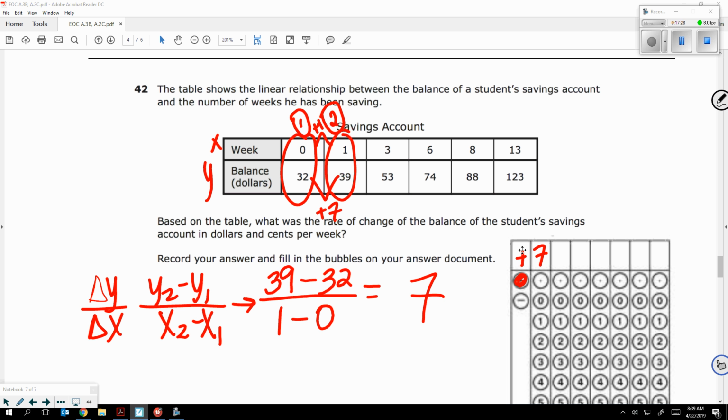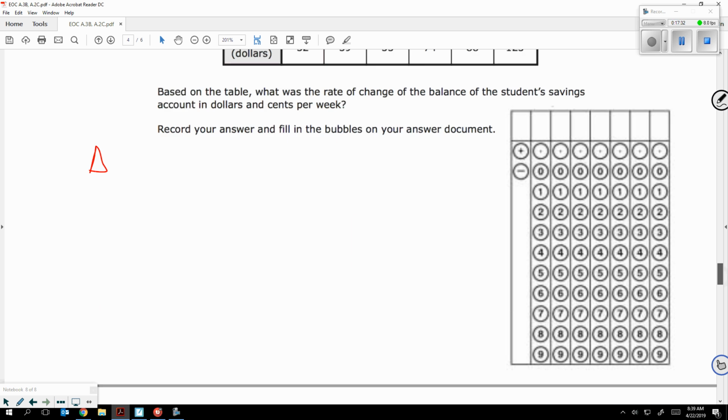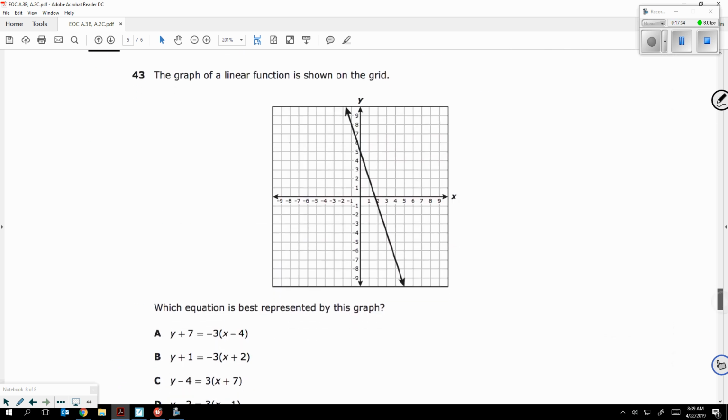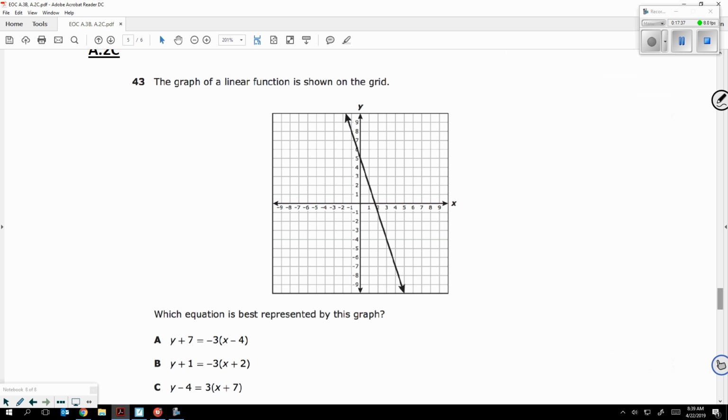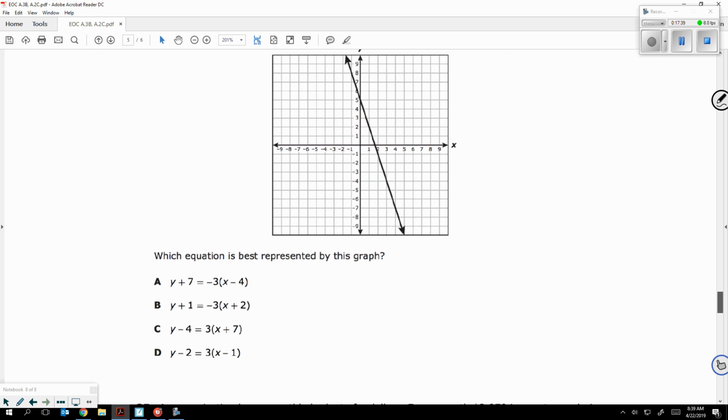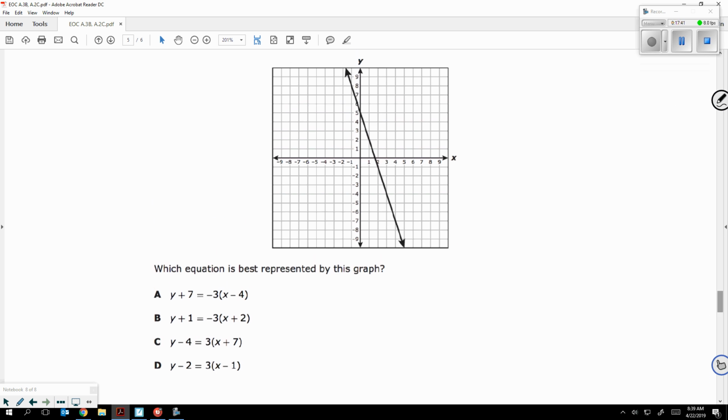Now we're getting into equations and seeing different graphs. With this, the easiest thing really is just to graph them and see which one looks like it.